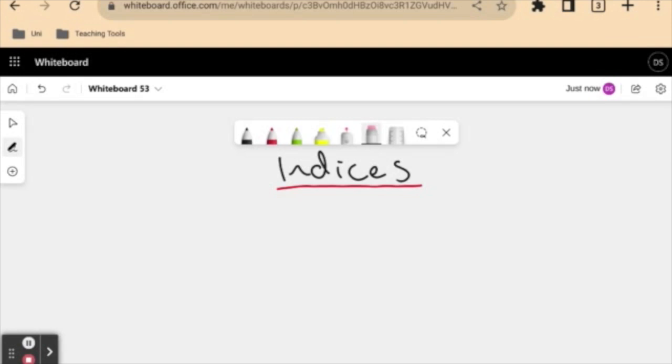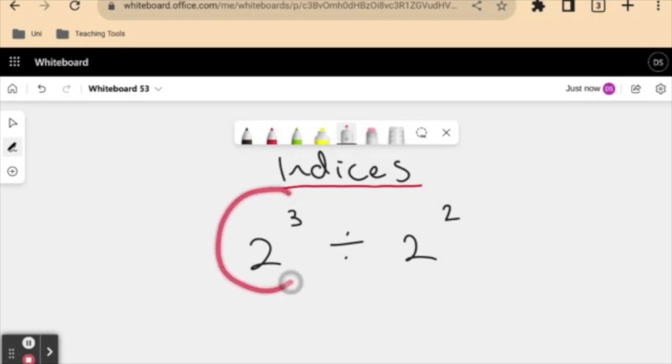So let's say we wanted to do this. 2 cubed divided by 2 squared. Now, as we said before, this is just like writing 2 times 2 times 2.